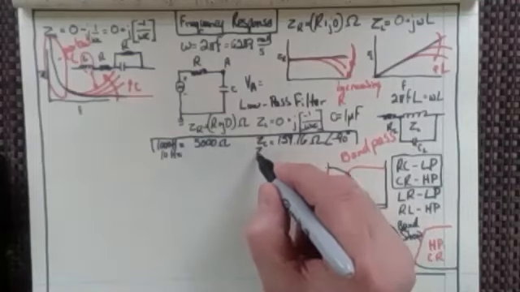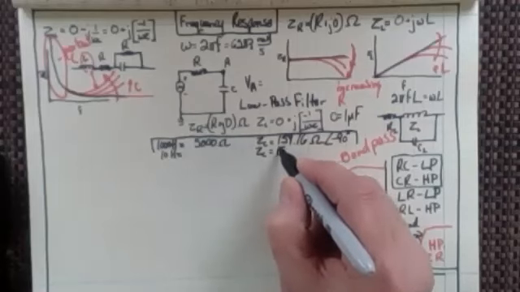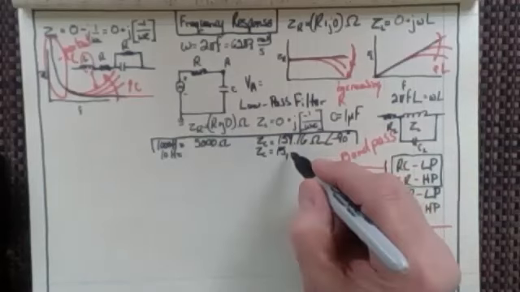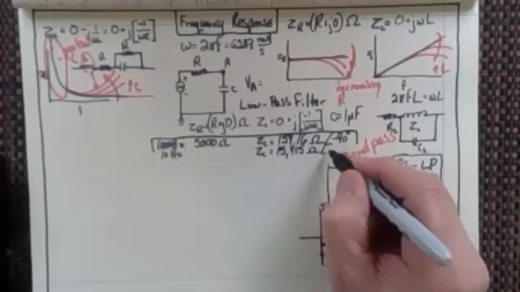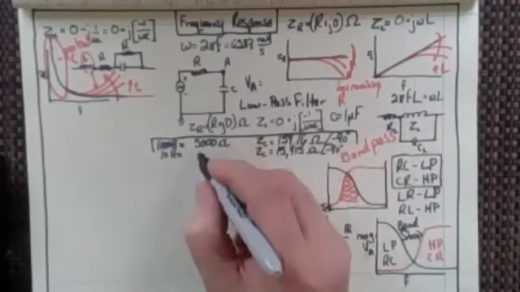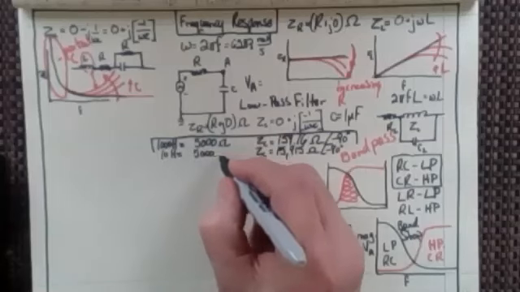So Z sub C equals 15,915 ohms at minus 90 degrees. This is, of course, still going to be 5,000 ohms, isn't it?